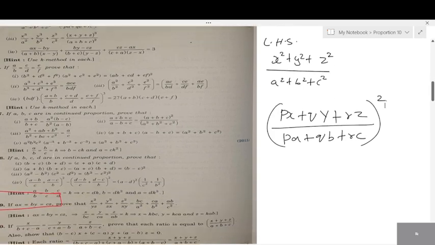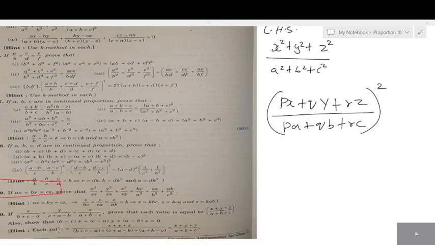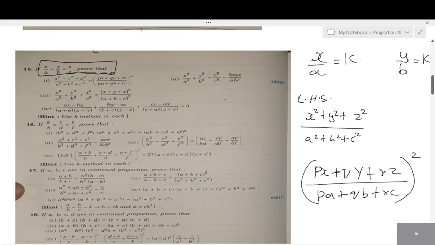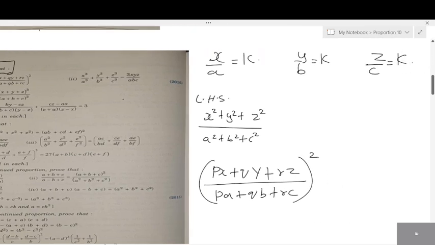This is RHS, 2016. Fine, they've given one question. Prove that. Again, same concept, proving. 21 questions, we are in the 15th one. So everything is the same, students, only proving questions.